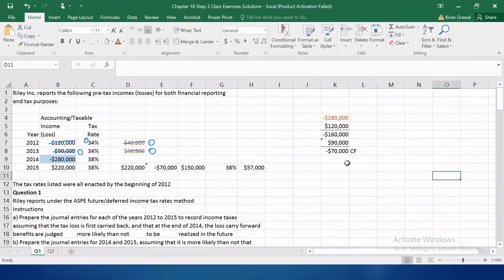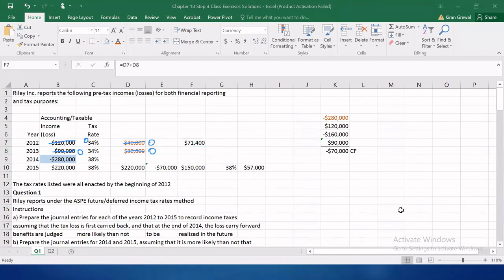Let's deal with the carry back entry first. Because we've gotten rid of the 120, the 90, we wouldn't have to pay this 40,800, 30,600 anymore. So we're going to get a refund for these two amounts. Okay, so if we add up these two amounts, we're going to get a refund of 71,400.